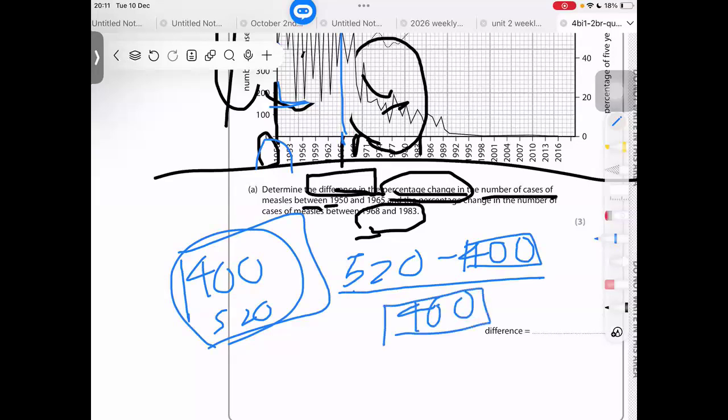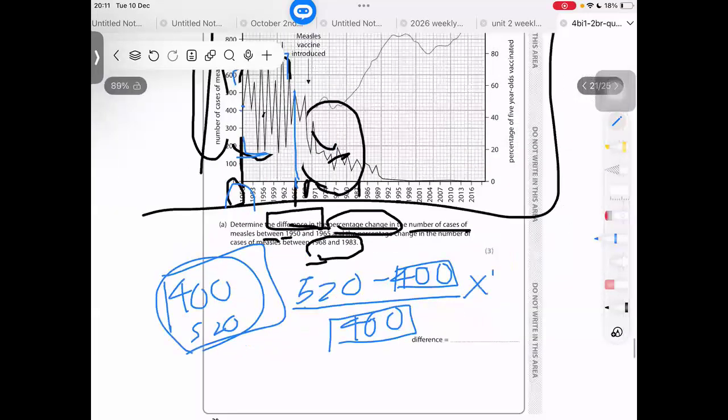So 520 subtract 400, divide by 400, multiply by 100 to get the percentage change between 1950 and 1965. You get around 30%. But if you have got a value between 21% to 30%, you are correct. By taking the values that I have taken, 30% is also correct.